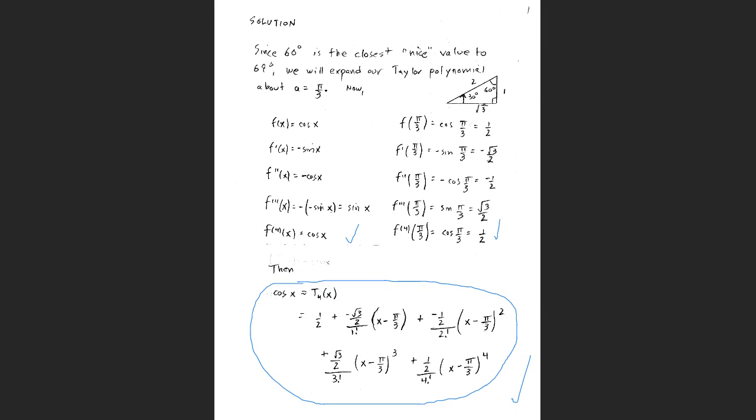So, of course, this is f of pi over 3. f prime of pi over 3. f double prime of pi over 3.